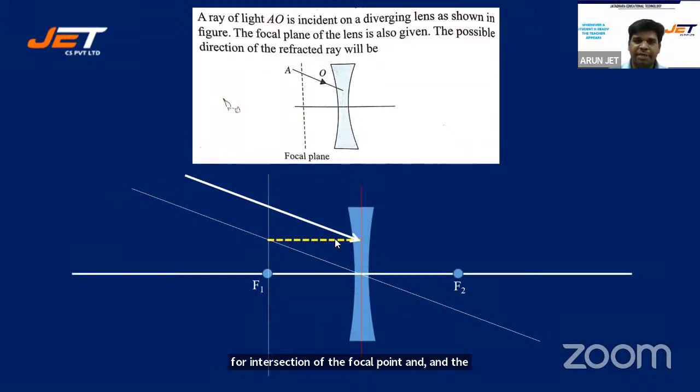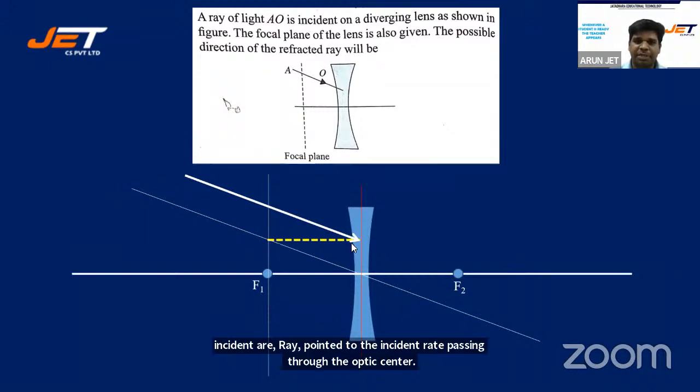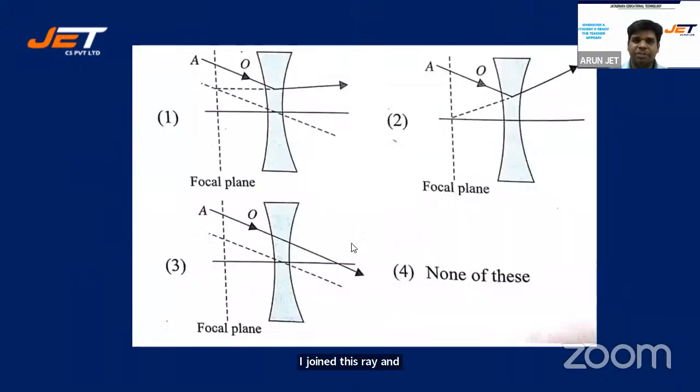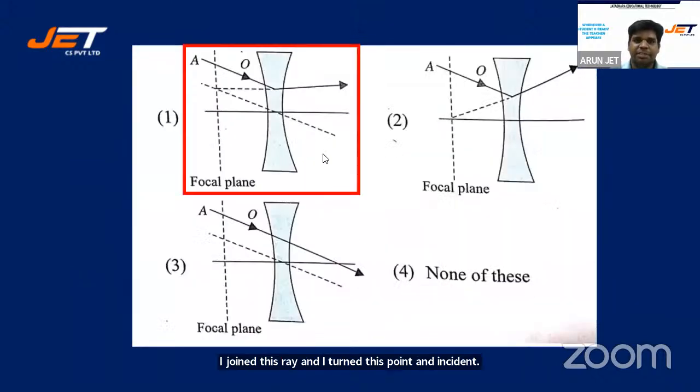I join this point, the intersection of the line and the focal plane, with the incident ray. I get the refracted ray. So this option A is absolutely right. All right. Option B, 2 and 3 don't make sense. And it's none of these? It has to be one of these. It cannot be none of these. All right, because A is absolutely right.